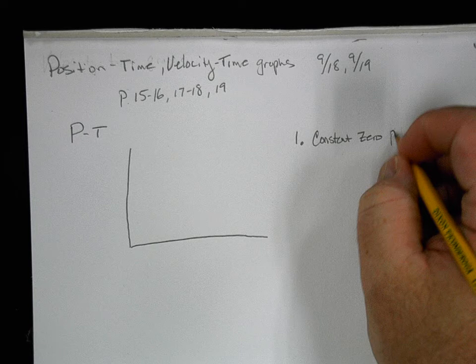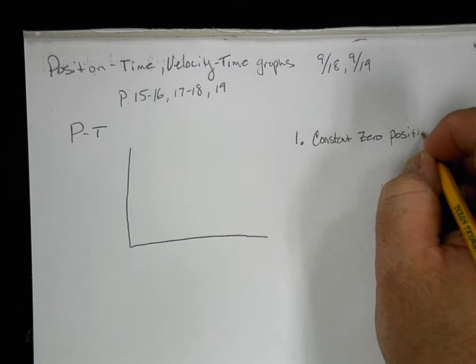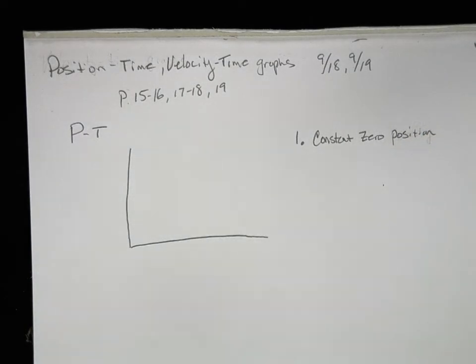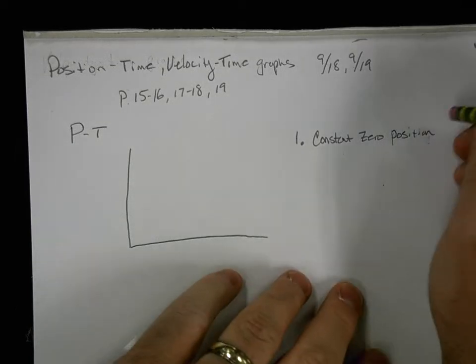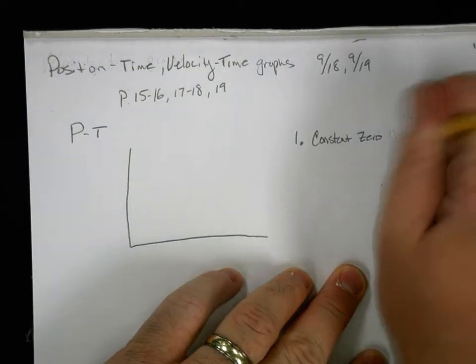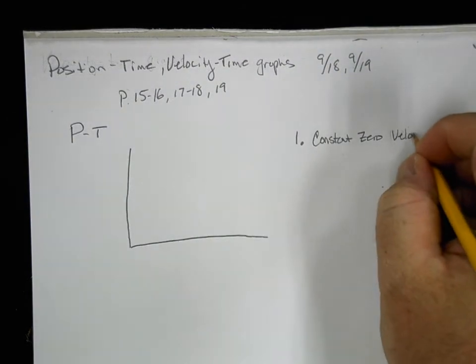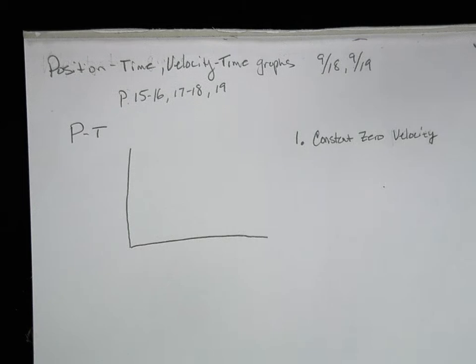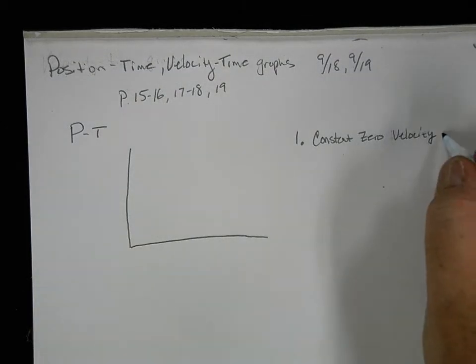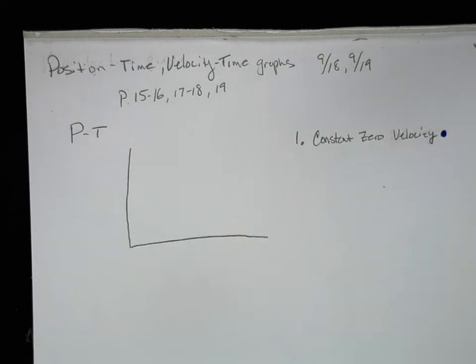Not only is our position staying the same, and we're going to mark that with a blue dot, as we go across our graph.